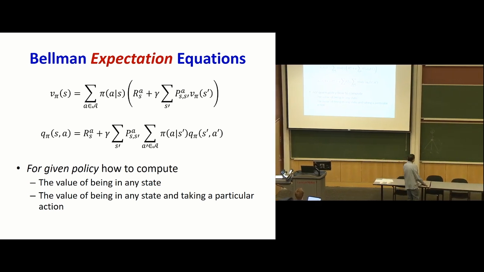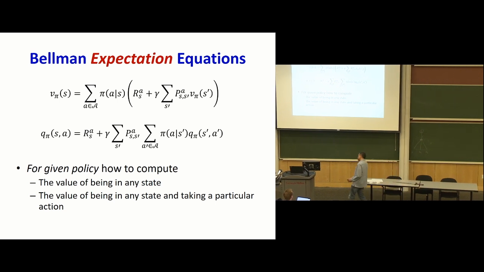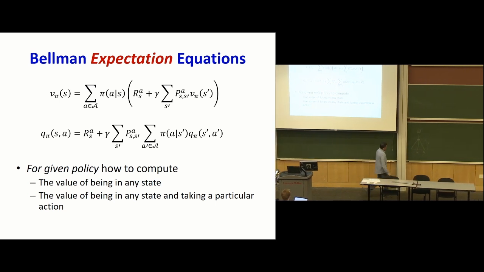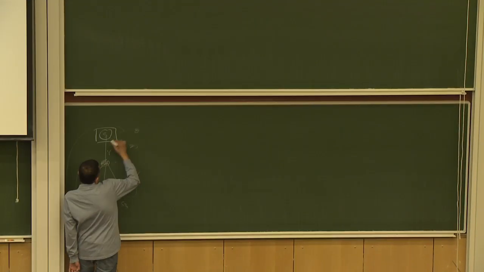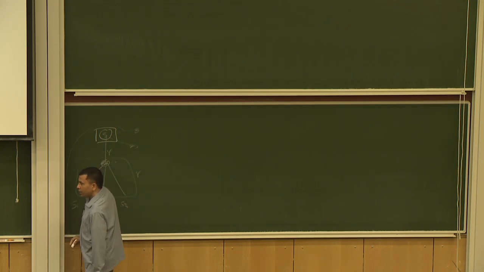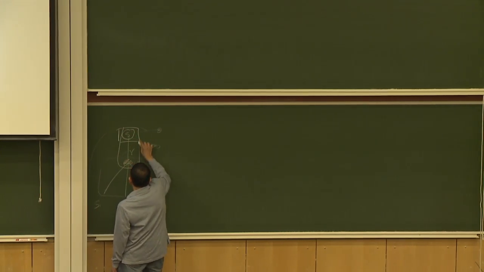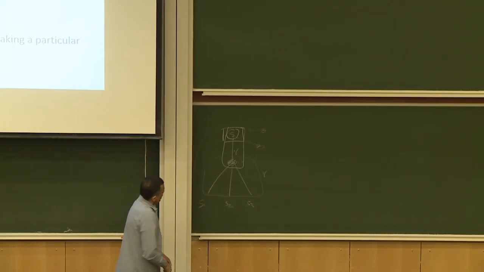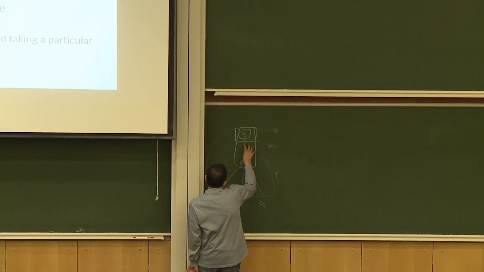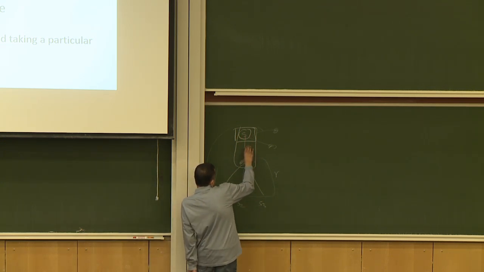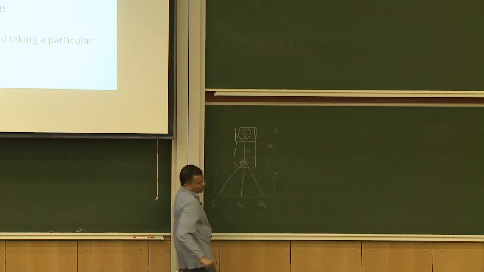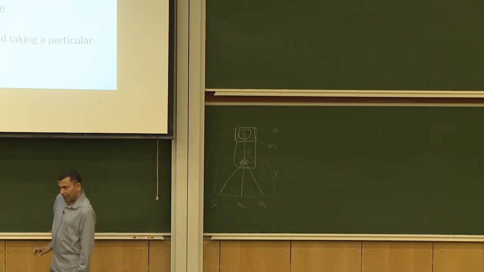The way we could either define the value for a state, in which case you had to integrate over all possible actions, or you could think of a state action pair and assign a value to it, in which case you need to know what the expected reward is over here and what the expected reward is downstream thereafter, right?